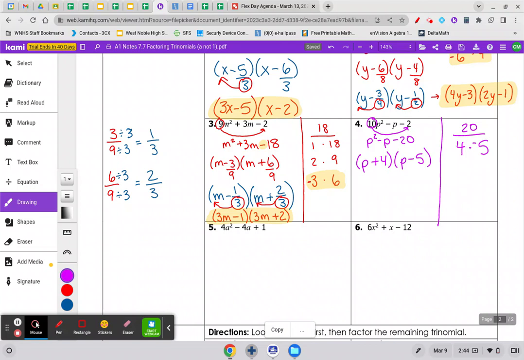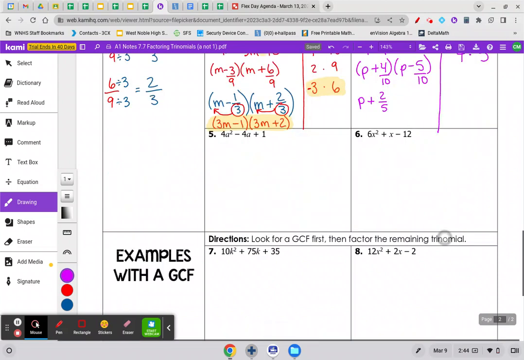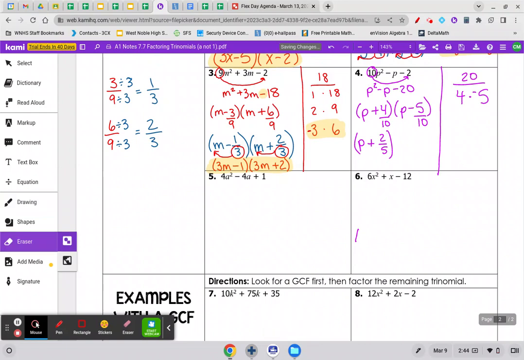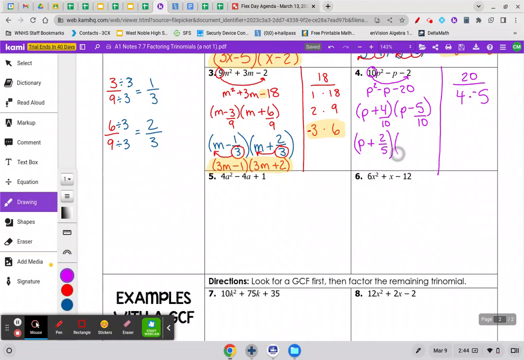And then I have to slide the 10 back under. Now, both of these, like the last problem, do reduce. So I get p plus 2 over 5, and I get p minus 1 over 2.